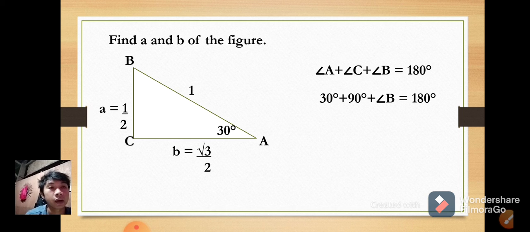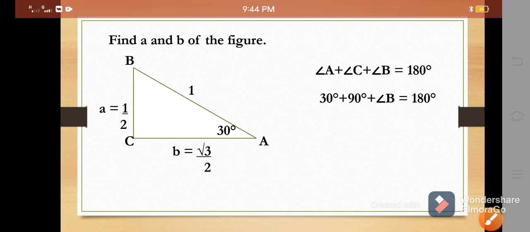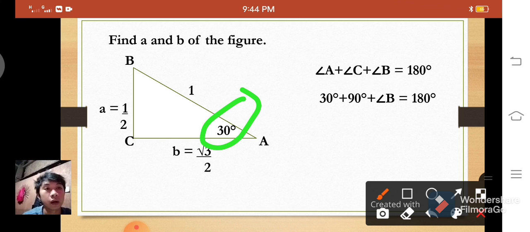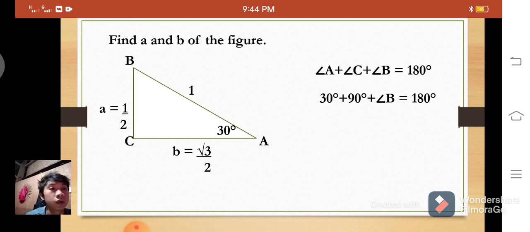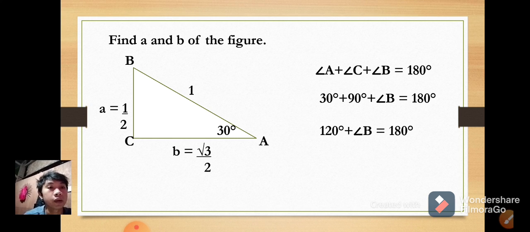Our angle A measures 30 degrees. Our right angle, or C, measures 90 degrees, plus the missing angle is equal to 180 degrees. 90 degrees plus 30 degrees is 120 degrees.